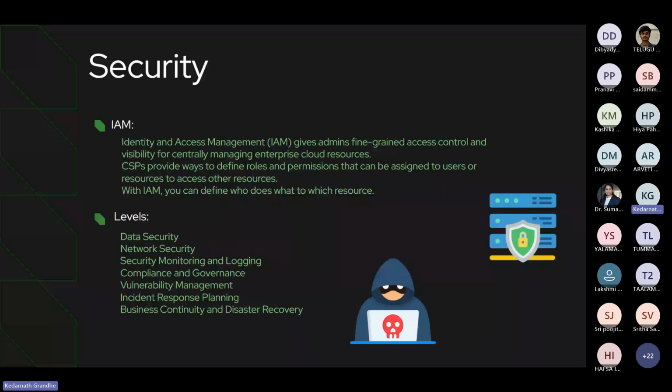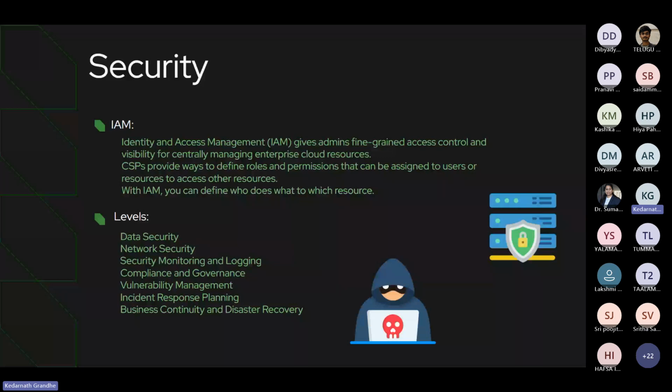One is IAM. IAM is basically identity access management. It gives us fine-grained access control on who can access a particular resource. It also provides visibility for centrally managing enterprise and cloud resources. So multi-factor authentication, role-based access, those are examples of IAM practices.